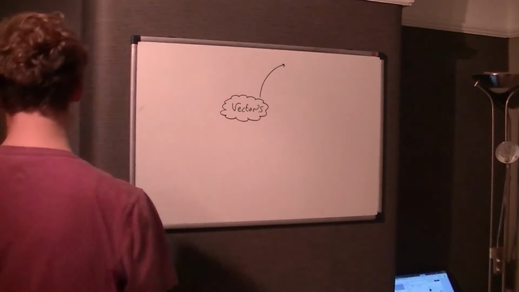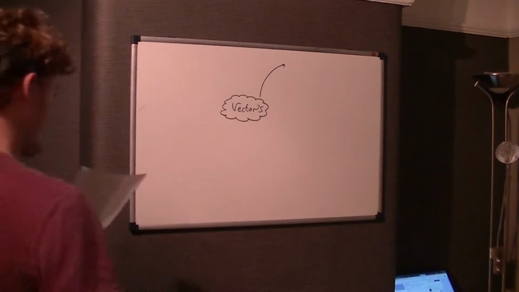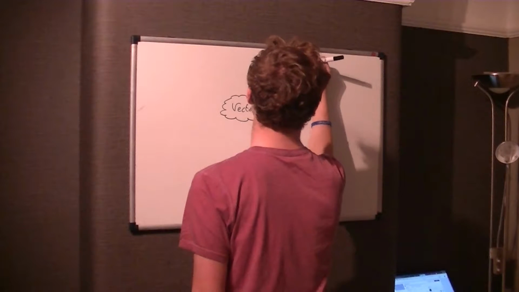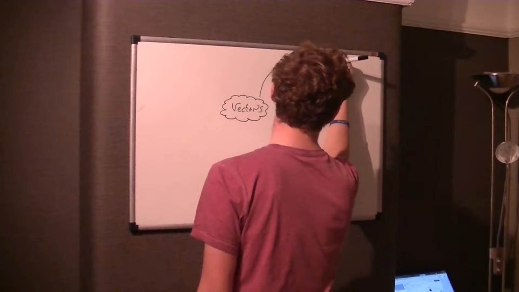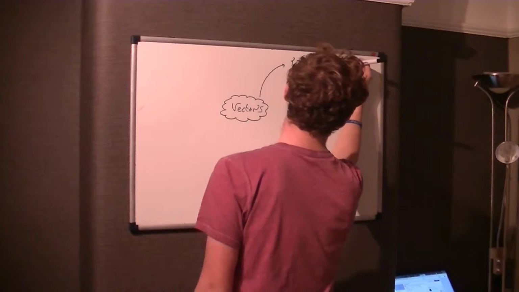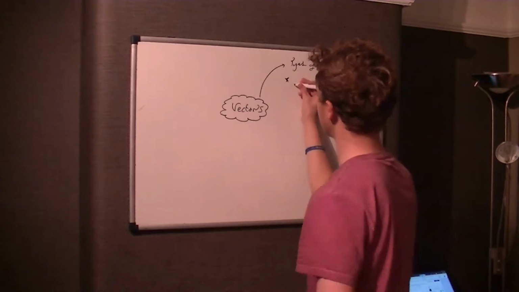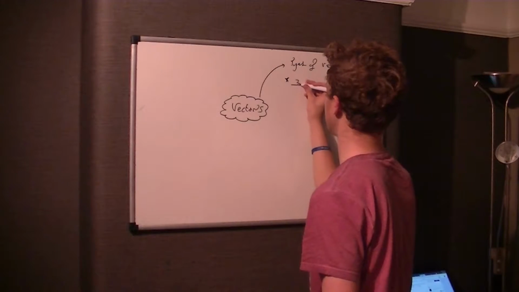Okay, so now the types of vectors. This is the very first thing that we looked at. There was a standard one where you had an arrow and it said 3 newtons.